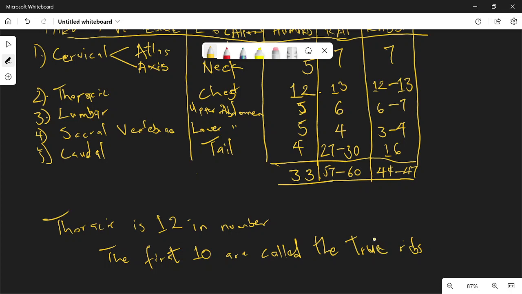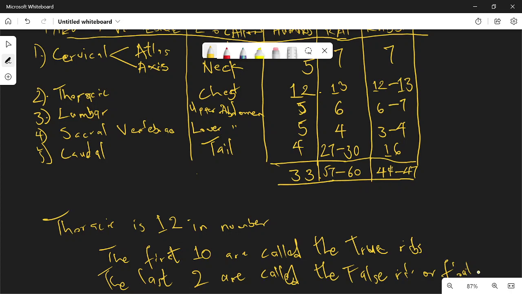They come from the backbone and attach themselves to the sternum, the breastbone in the chest, and so they are called the true ribs.